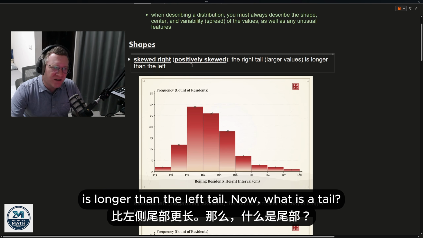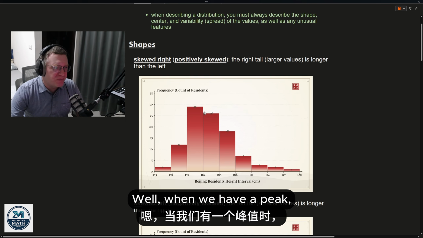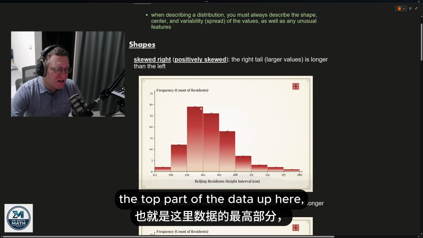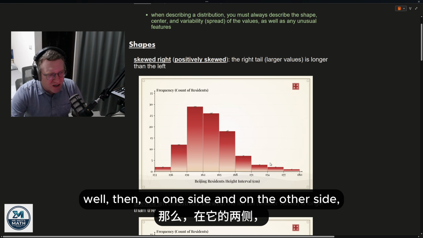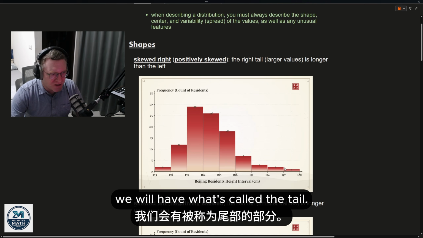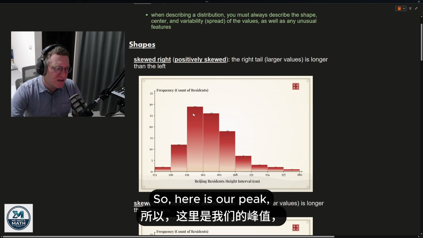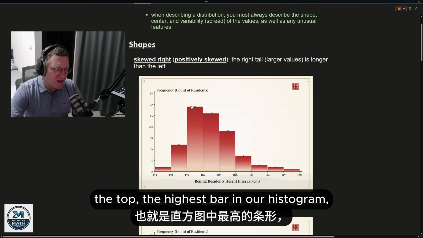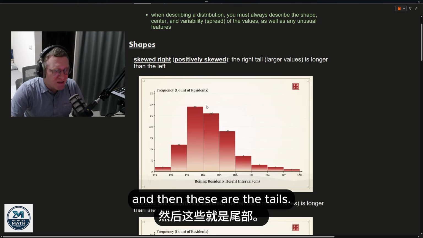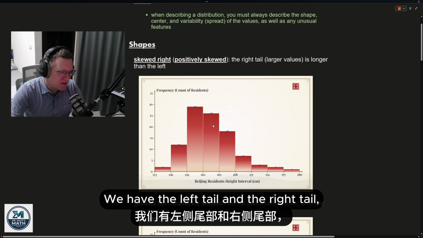Now, what is a tail? Well, when we have a peak, the top part of the data, then on one side and on the other side we will have what are called the tails. So here is our peak, the highest bar in our histogram, and then these are the tails. We have the left tail and the right tail.